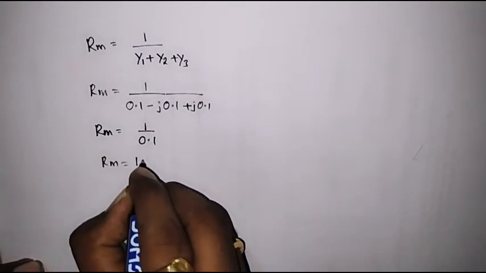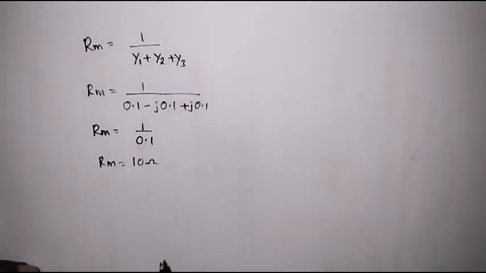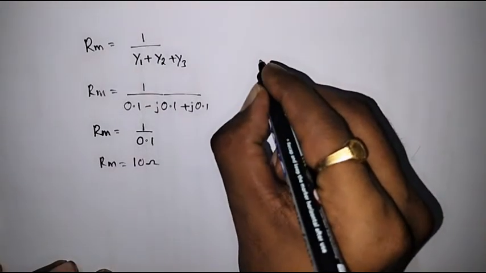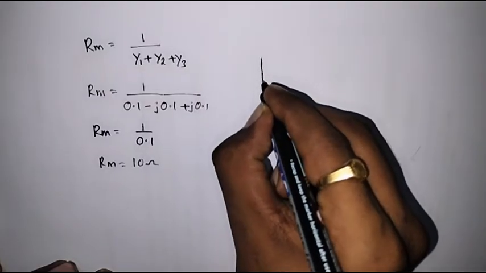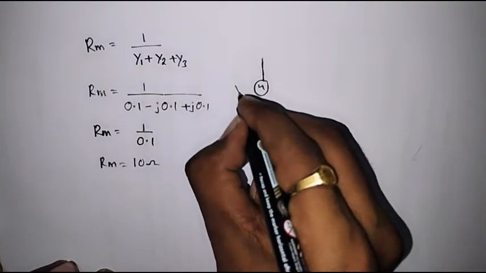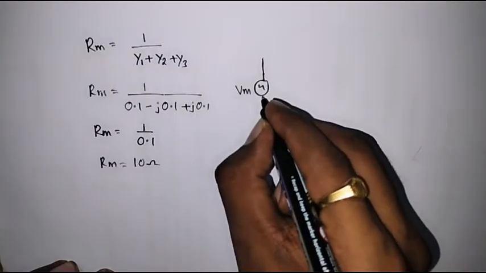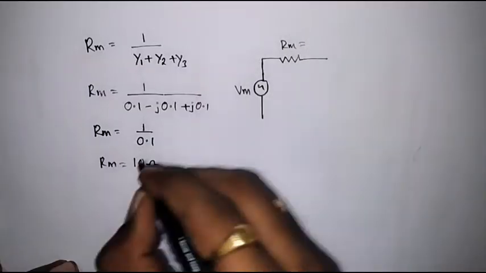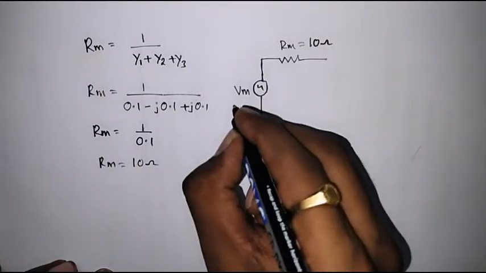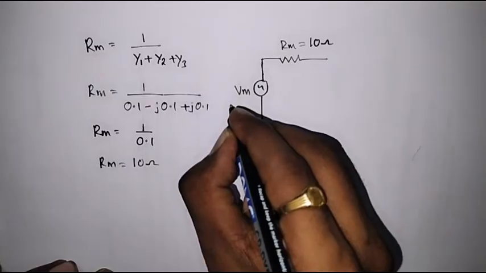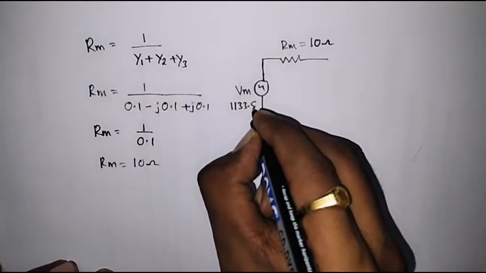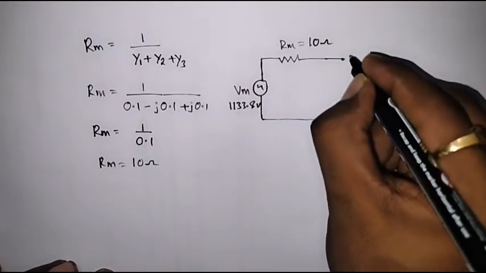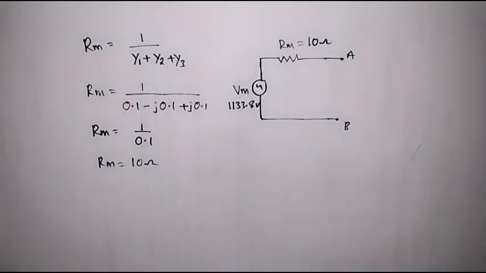Therefore Rm is equal to 10 ohm. Now let's draw Millman's equivalent circuit, which is nothing but Vm in series with Rm. So Rm value is 10 ohm and Vm value is 1133.8 volts. So these are the two terminals, that is A and B, which are open.